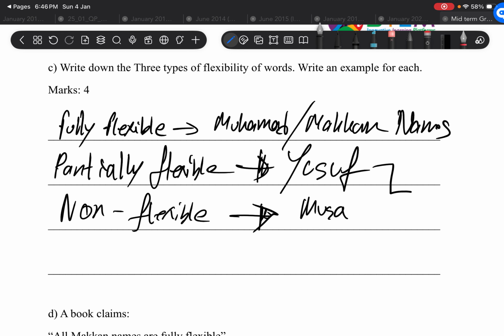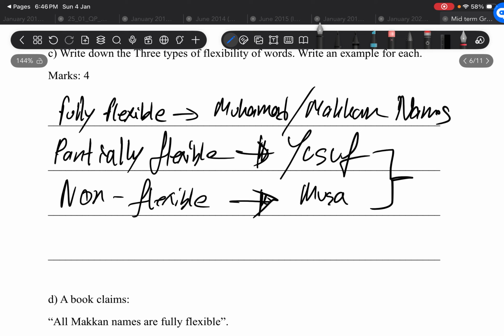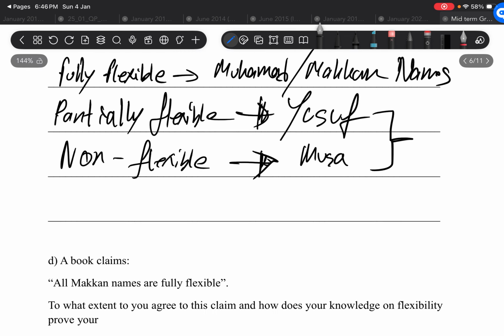If you were to see their stories in the Bible or in any religious text, you would see that these prophets, Moses and Joseph, were not people from around Saudi, the Middle East, Mecca. They were not from that area. And so their names are not Meccan, hence they are not fully flexible.